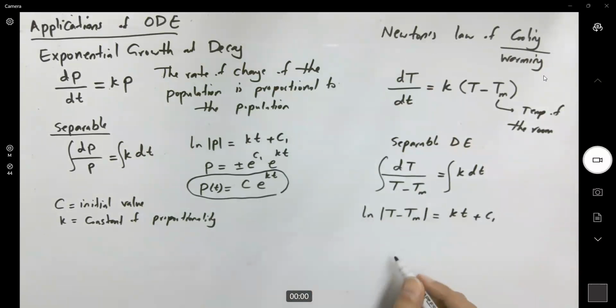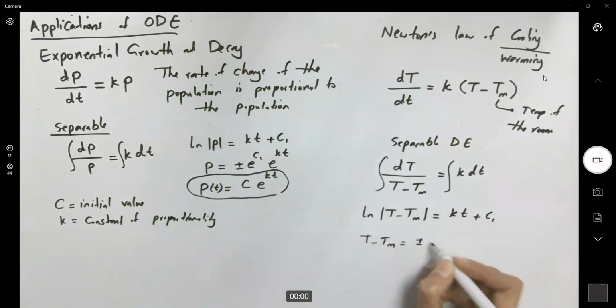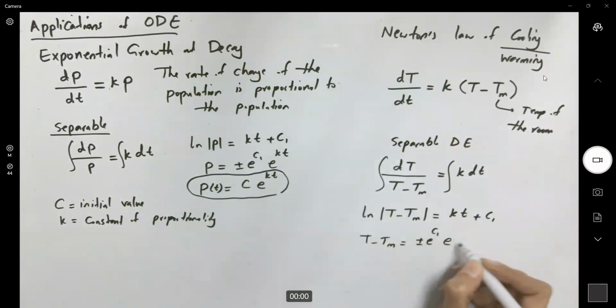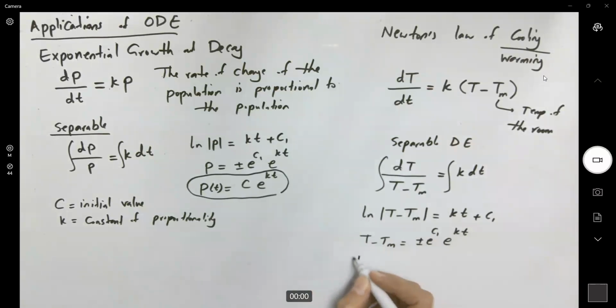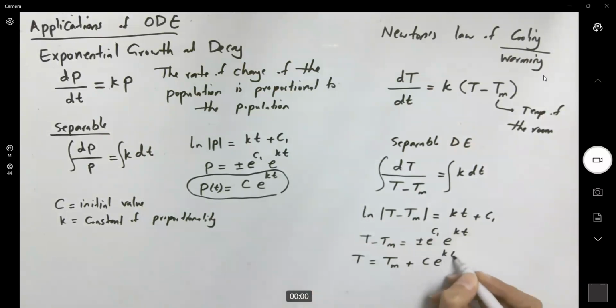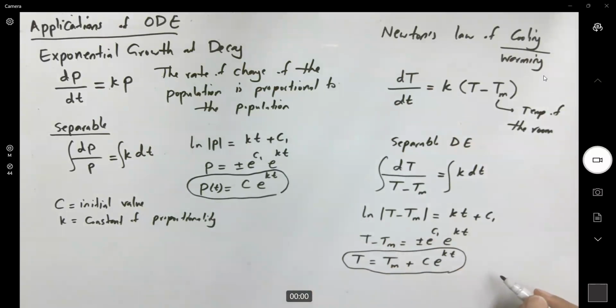The same process. Using the definition of ln, T minus T_m becomes plus minus e to C sub 1, e to kt, or T is equal to T_m plus C e to the power kt. Like the example of the time of death that you actually modeled using Newton's law of cooling.